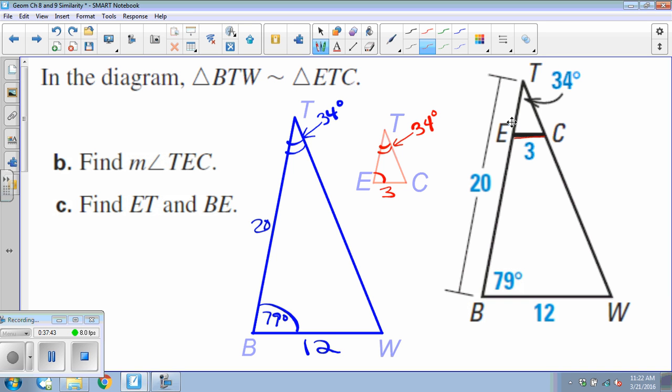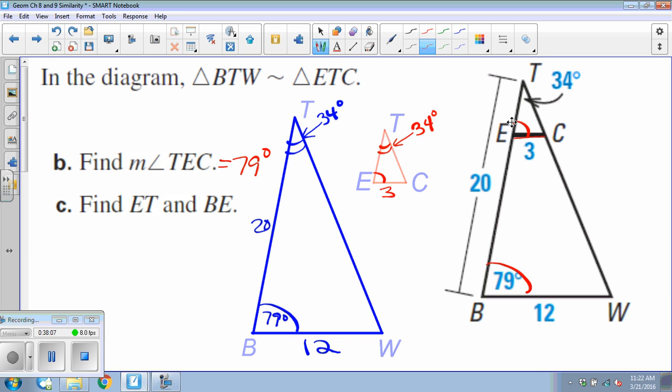What is that? It's 79. This angle here and this angle here, because those two lines are parallel, they're corresponding angles. So if one's 79, the other one's 79.